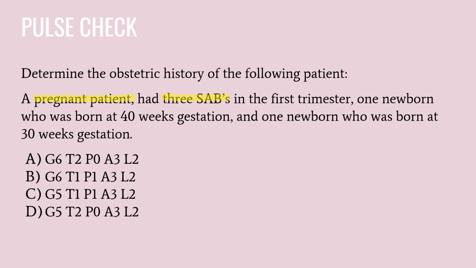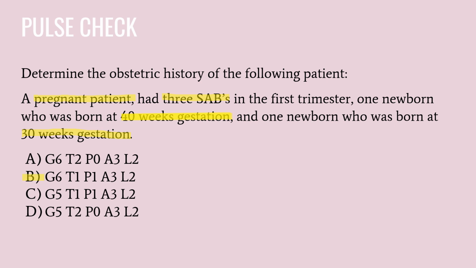Remember, the first trimester is from conception to 13 weeks. The patient has had 1 newborn who was born at 40 weeks gestation and 1 newborn who was born at 30 weeks gestation. The answer to this scenario here is B.